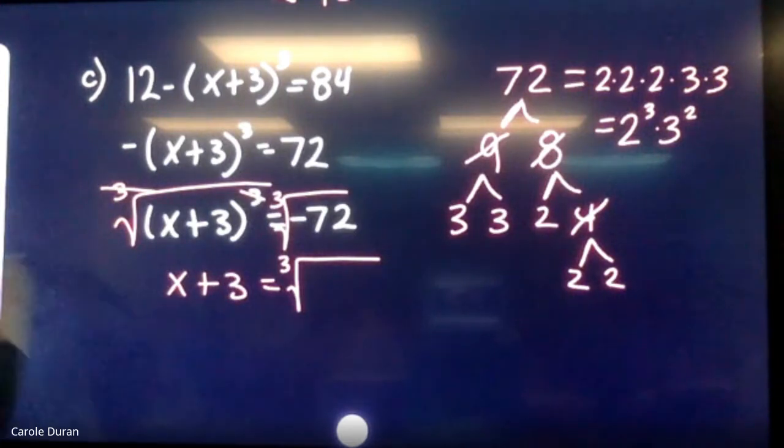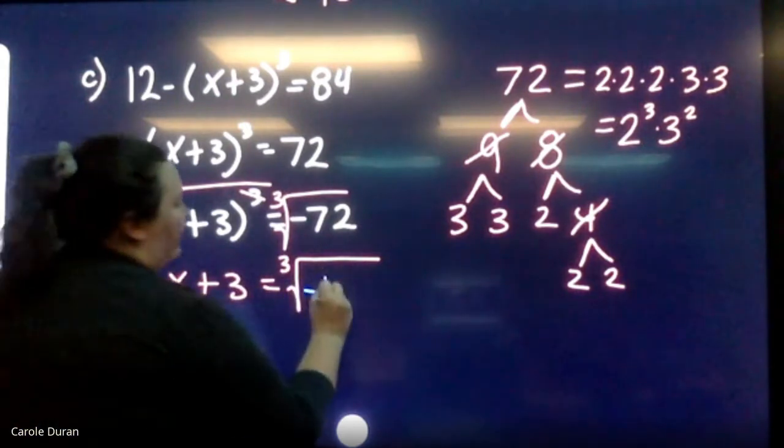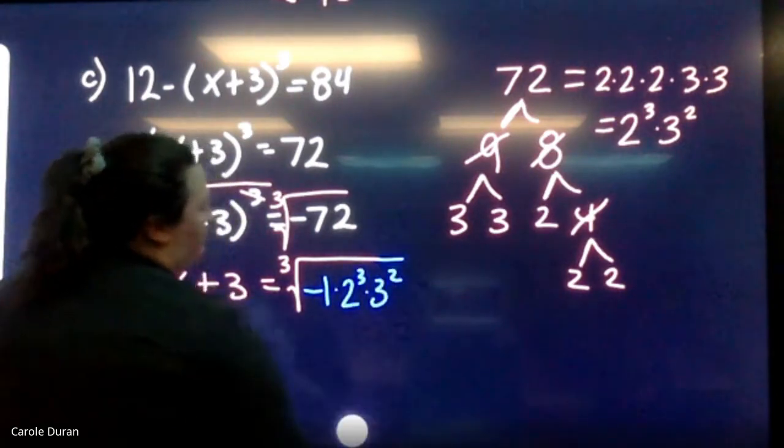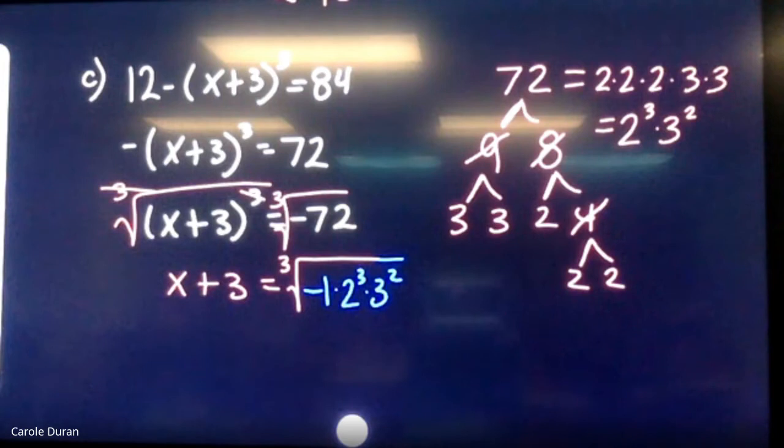What about the negative? The negative, I just go ahead and put with the base that I know is going to come out. You could also write it as -1 times 2 cubed times 3 squared. Same thing. The -1 is going to come out because -1 times -1 times -1 equals -1.